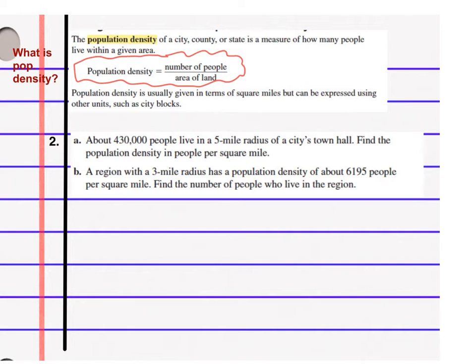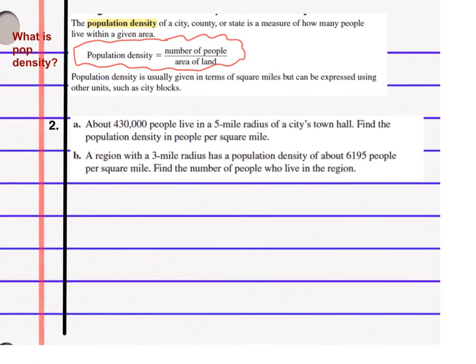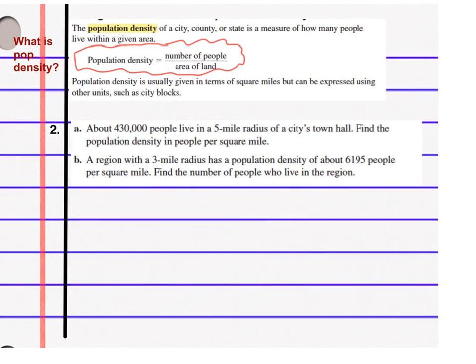All right, so part A: about 430,000 people, which is about the population of Minneapolis, by the way, a little more, Minneapolis is about 400,000, live in a 5-mile radius of a city's town hall. Find the population density. So for part A, we are just doing, again, the number of people divided by the area.